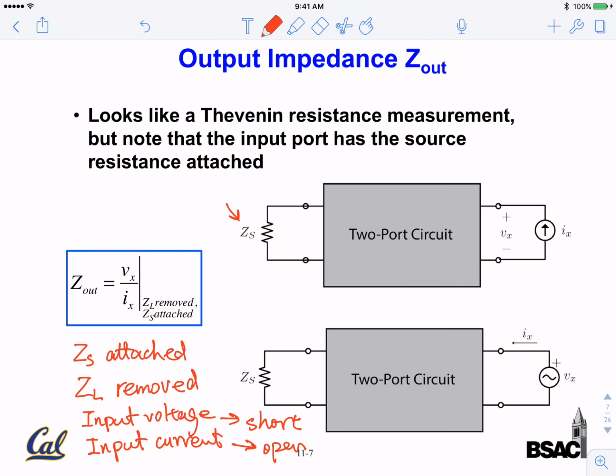And again, you attach a test source. Sometimes we write it as Vx. In some other cases, you see it written as Vt. And in either case, we find Ix or It, depending on, these are just symbols, which symbol we use. Okay. So that's the general principle.